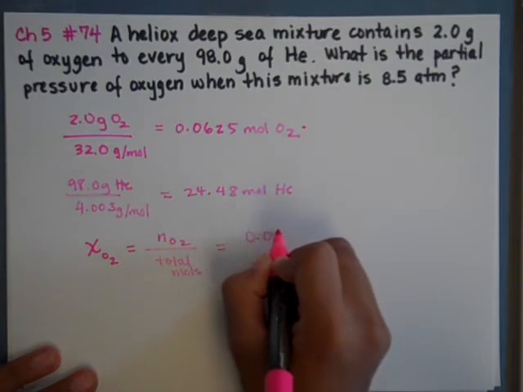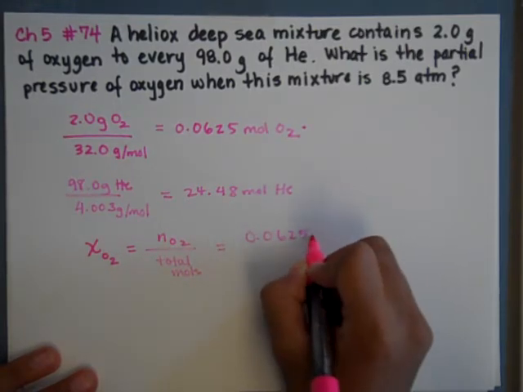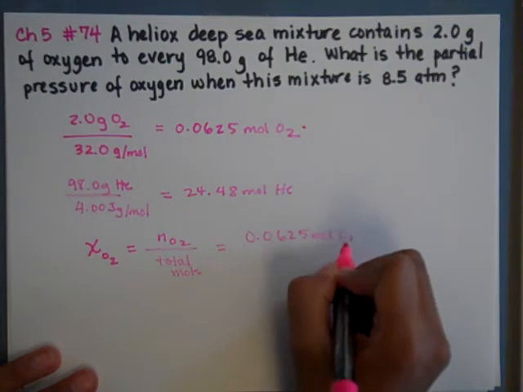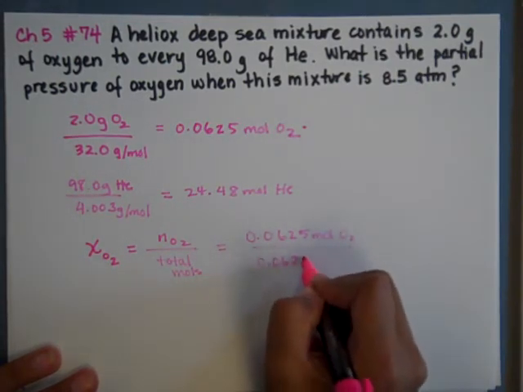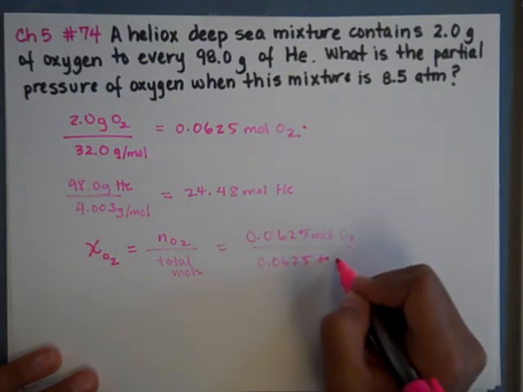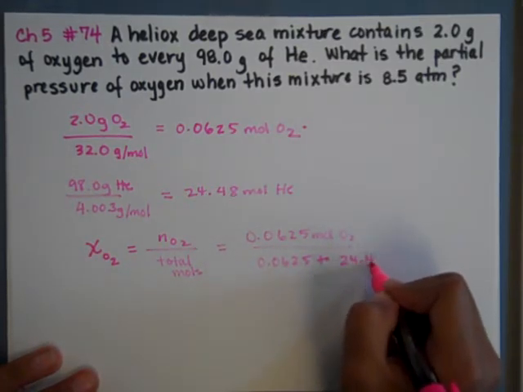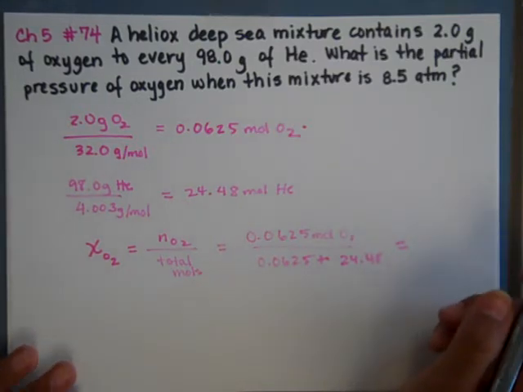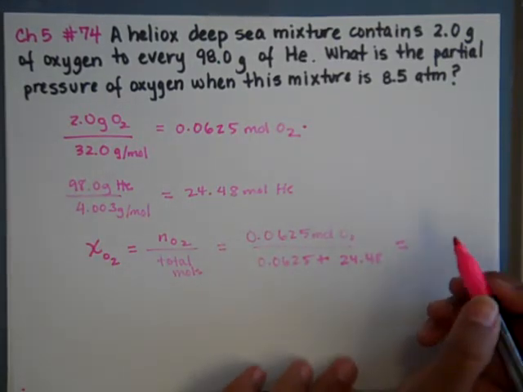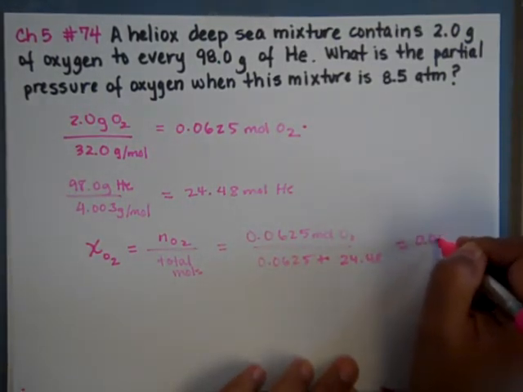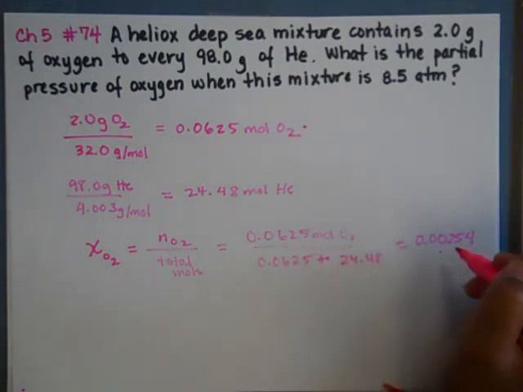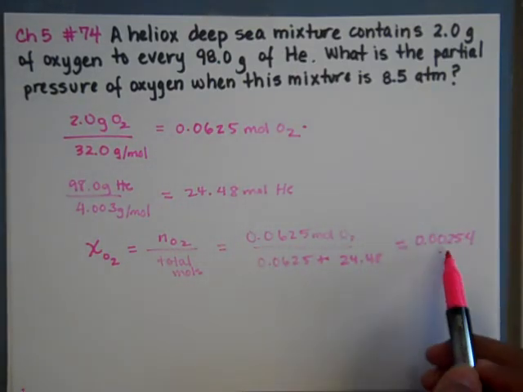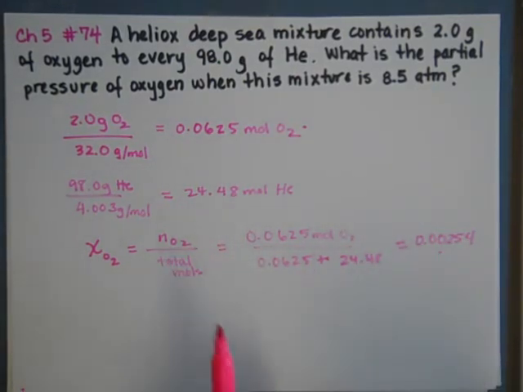So it's going to be the 0.625 over the total, which is going to be the 0.625 plus 24.48. And when you add it up and divide it out, you get a number around 0.0254. Now, this is our mole fraction of O2.